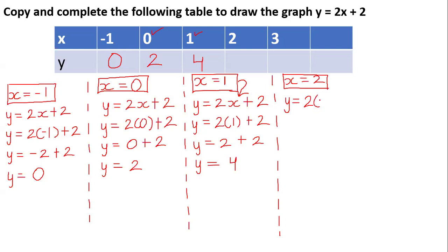Oh, I forgot to put the equation first. So we have y is equal to 2x plus 2, very good.